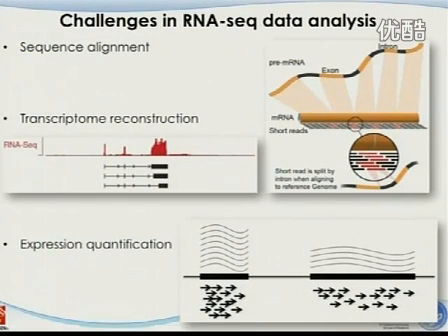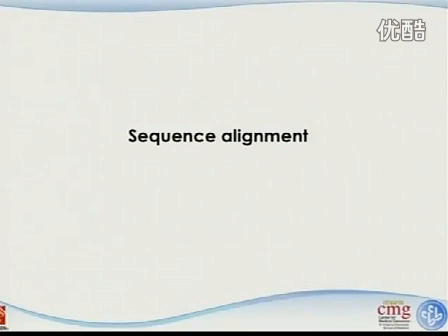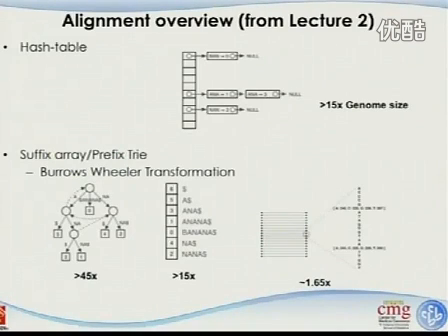And the third type of challenge is expression quantification, right? We will get into that a lot deeper today. You can see that for this particular gene there are so many reads, and in this region there's the same amount of reads, but how do you quantify this information, and how do you compare different genes? That becomes the issue. Sometimes it's not even possible.